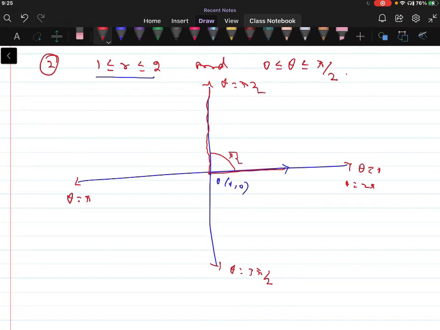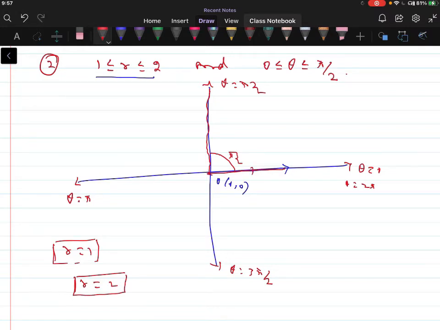So theta varies from 0 to pi by 2. Now r lies between 1 and 2. For r is equal to 1 it is a circle, center at the origin and radius 1, and r is equal to 2 is the equation of a circle, center at the origin and radius 2. So take 1 unit from the origin.